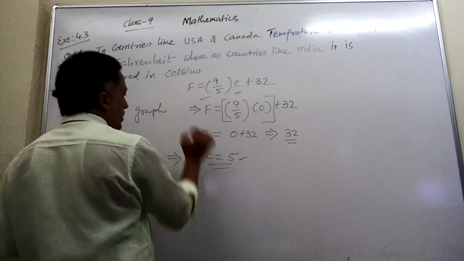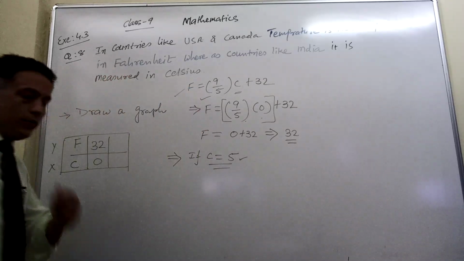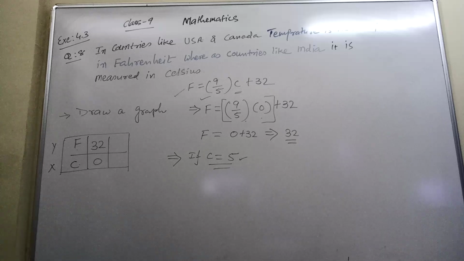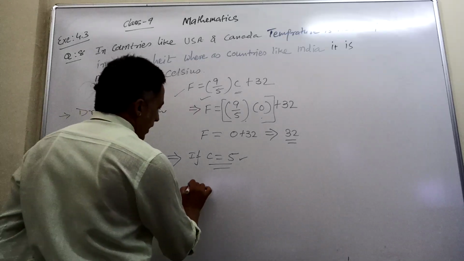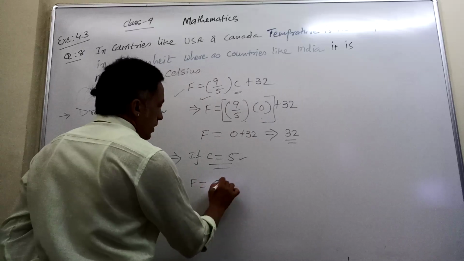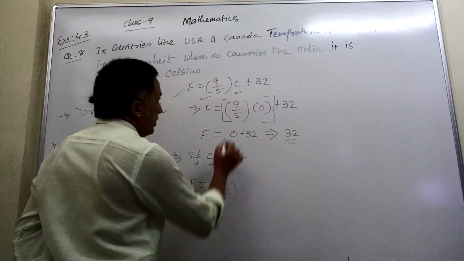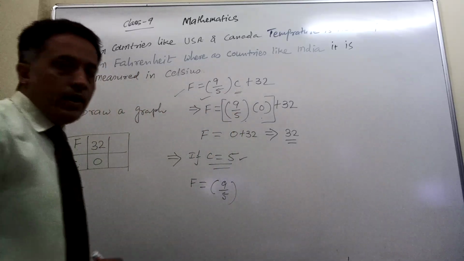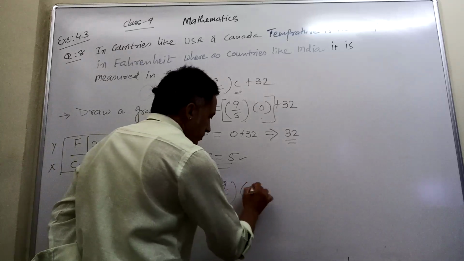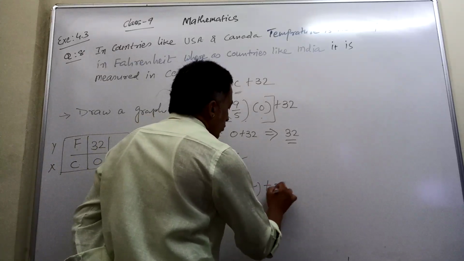I am substituting this value of 5, the value of C, in the given equation F is equal to 9 upon 5 into C plus 32. So when I substitute, F is equal to 9 upon 5, and in the place of C, I will write 5, plus 32.